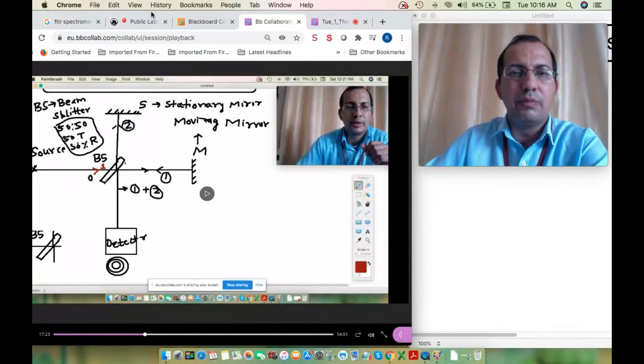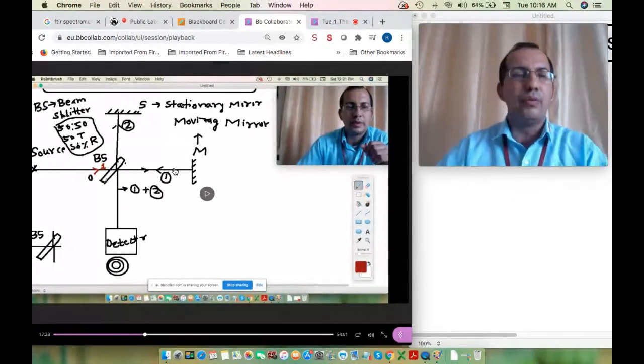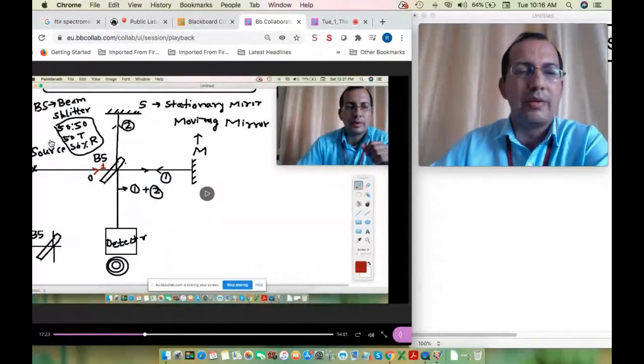The purpose of putting the laser is to align the setup. The incident beam, in terms of the helium neon laser, will align your setup, so that is only for the alignment purpose. And after that, you put your IR source, which is required for the sample.